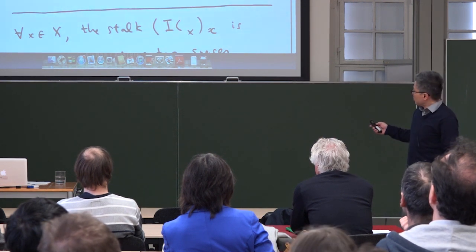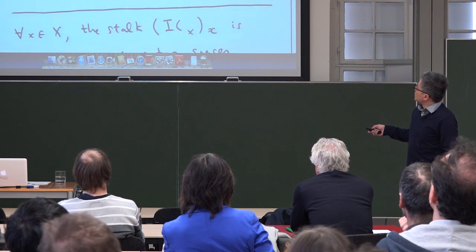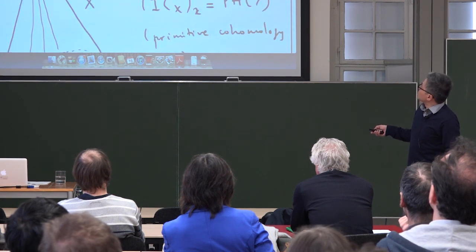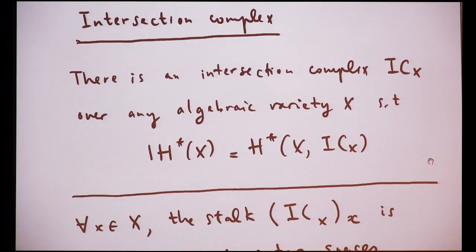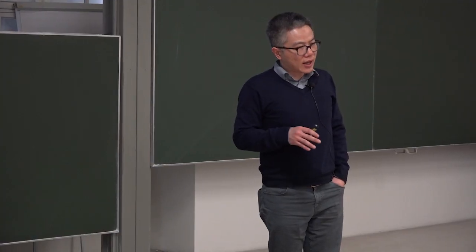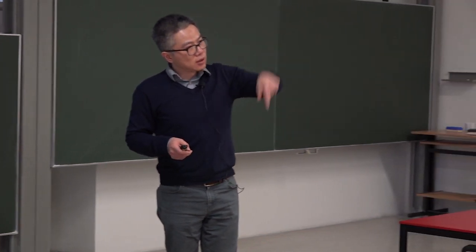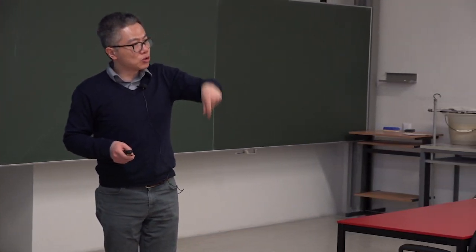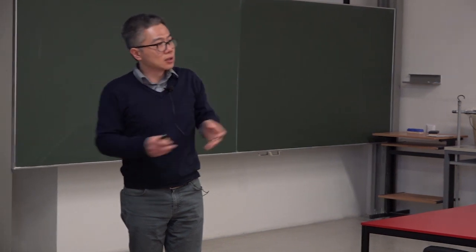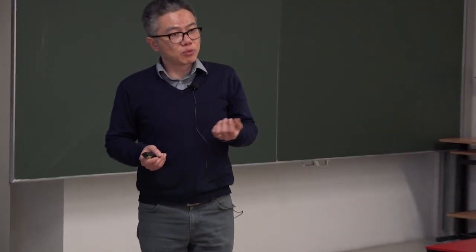So one of the main points is that the stalk of the IC, if the space is smooth, no singularities, then the IC is very simple. At every point, you just put the complex, the Q, the field of rational numbers, or C. It's just the simplest thing possible.